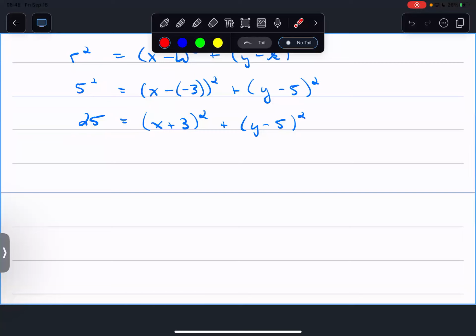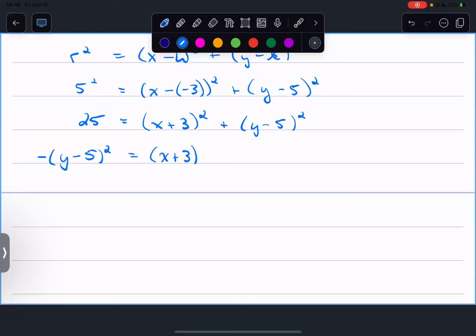I'm going to move the y minus 5 squared over to the left-hand side, right? Because I want to solve for y. I'm also in the same move going to move 25 over, so I'm going to switcheroo those guys, subtracting both, right? So where does that leave me? Leaves me here at y minus 5 squared, but negative, right? I have to subtract it from both sides.